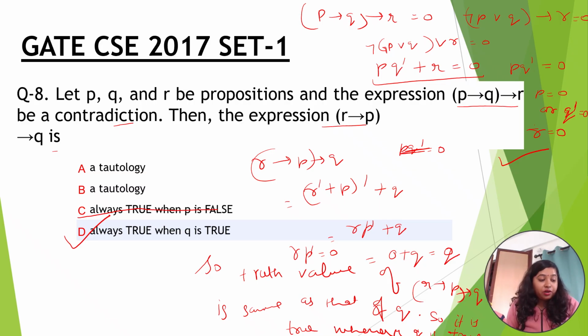This is not because we have shown that P is equal to 0 or Q dash is equal to true. Option C is false because P is false. Because P is false, when P is 0, Q is free to be 0 or 1.